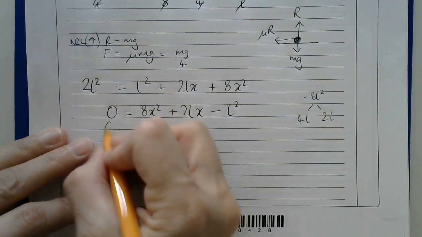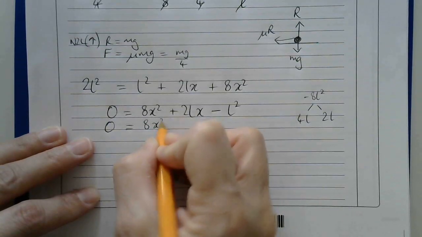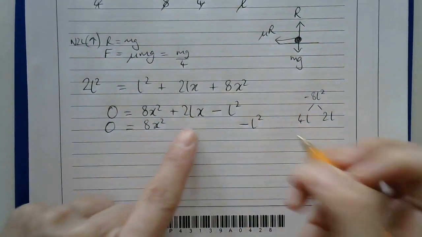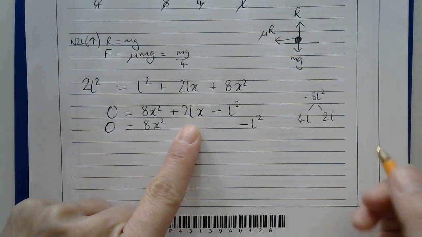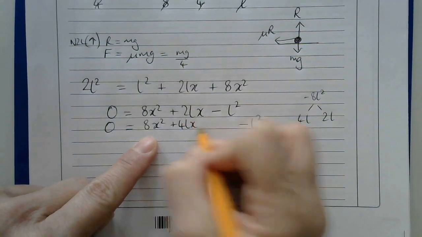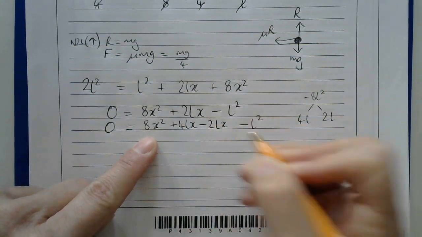Okay, so if I do write 8x squared over here minus L squared, and 2Lx could be made from 4Lx minus 2Lx.